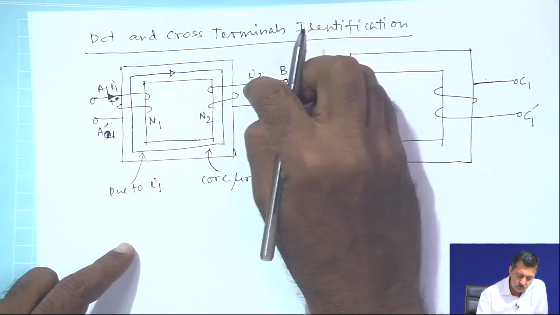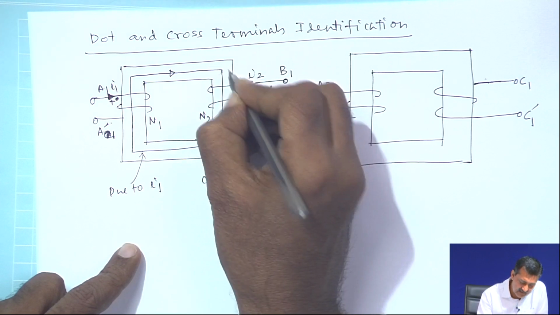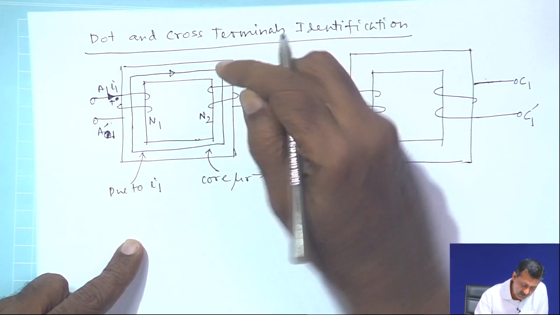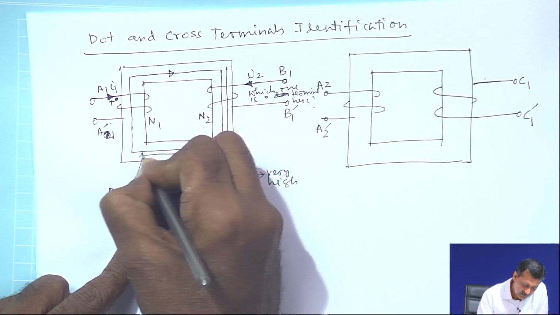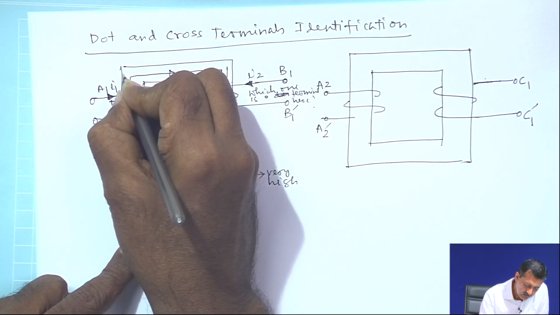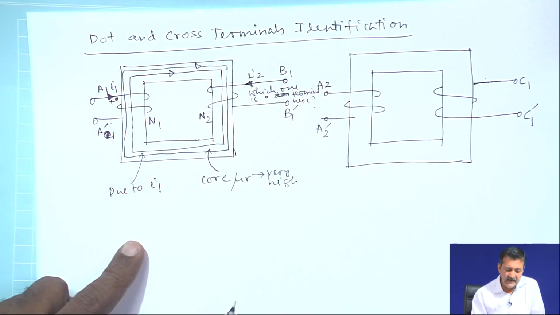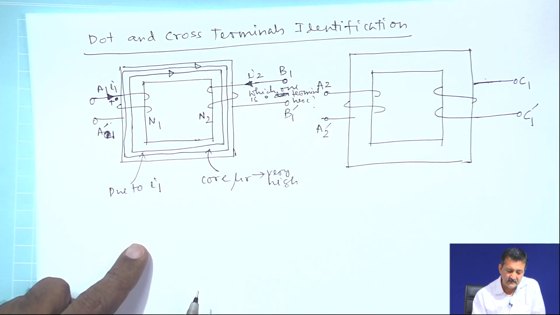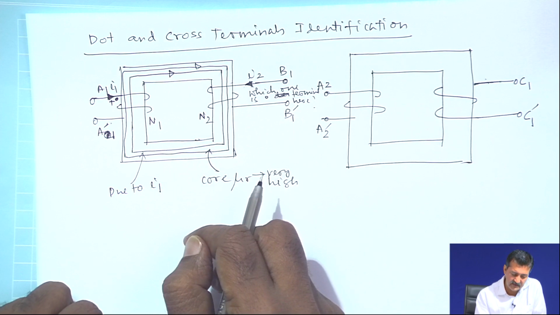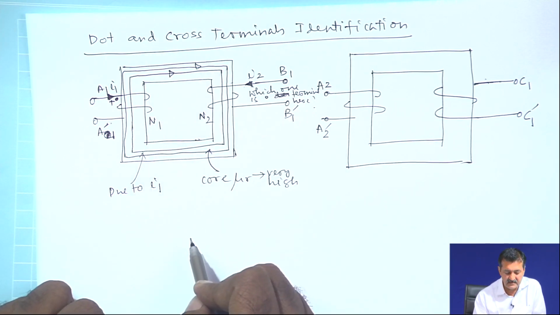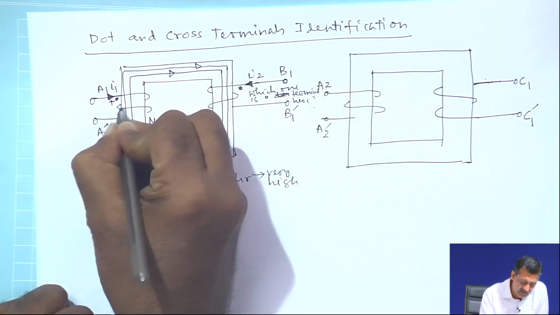Now, due to the current I2, what flux line is created? Again by the right hand rule, flux lines would be created in the similar way, with a similar arrow direction. If this happens, that means the current is in at this terminal and the flux lines are in the similar direction, then I define this terminal as the same as this terminal.